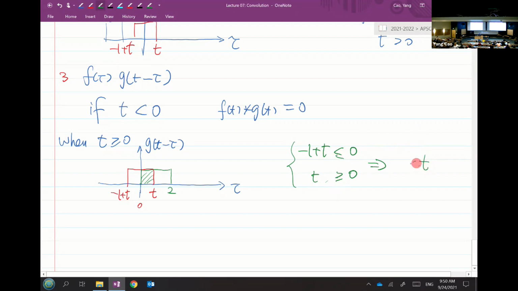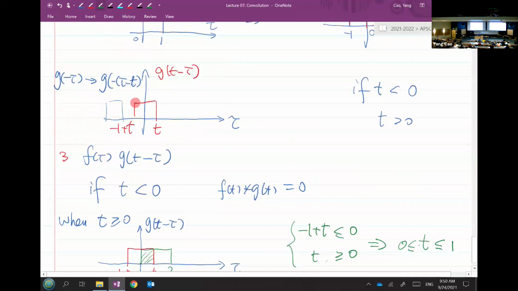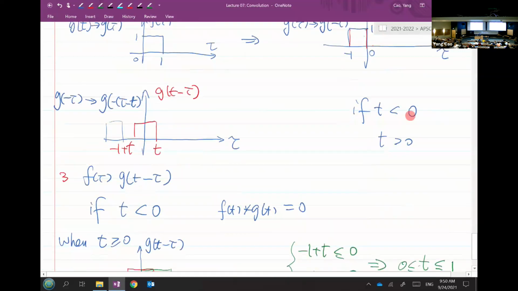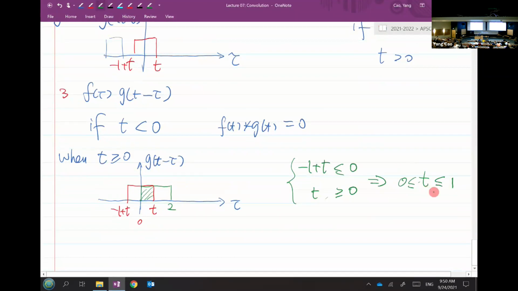So this gives us t is greater than 0 and less than 1. You can clearly see that if I shift this box to the right by an amount t, as long as t is within 0 and 1, I'm guaranteed that this box is more or less in this kind of configuration.